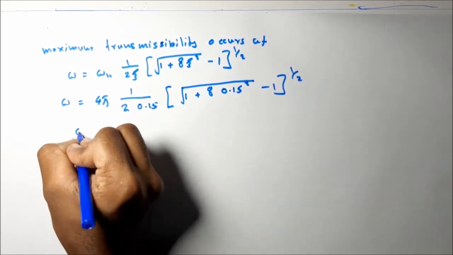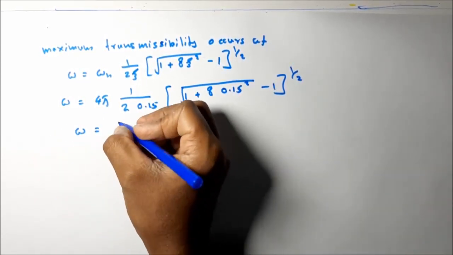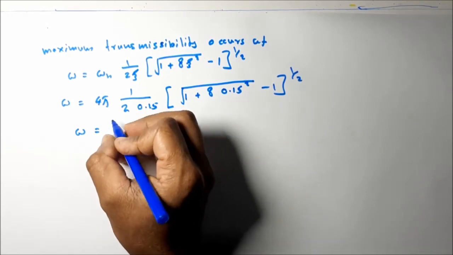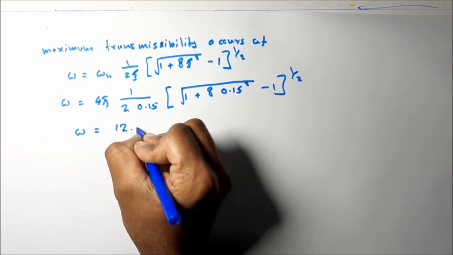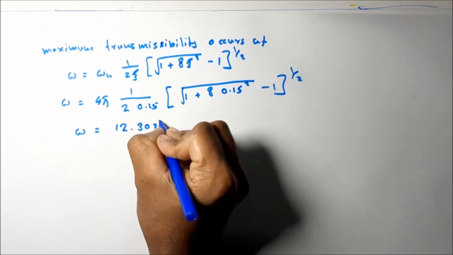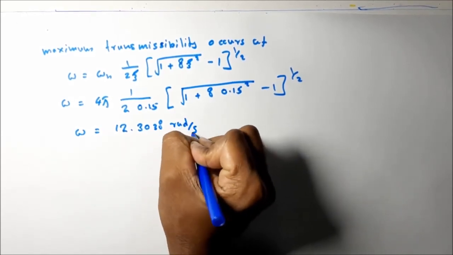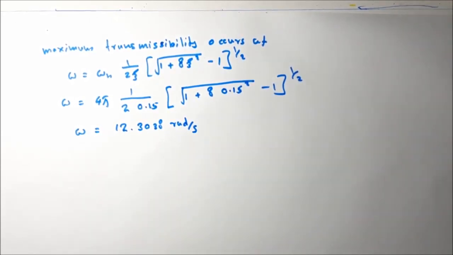I have already calculated this value: it is 12.3038 radians per second.